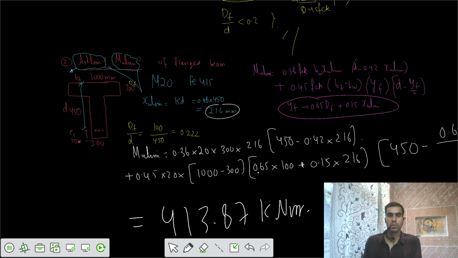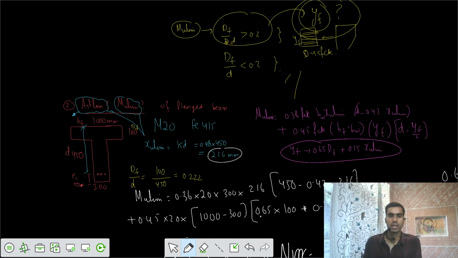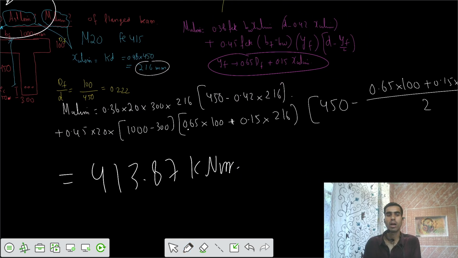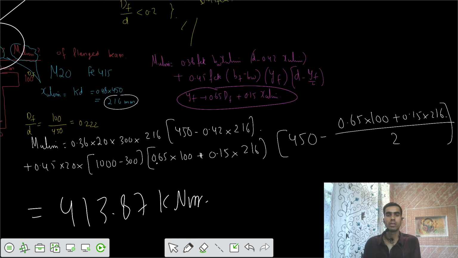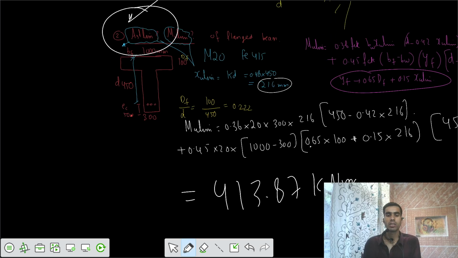Now the second part of the problem is that you need to get the limiting area of the steel. How can you get the area of the steel corresponding to the limiting condition? Once I know the limiting neutral axis, Xu limiting, I can equate the C force with the T force and solve that.